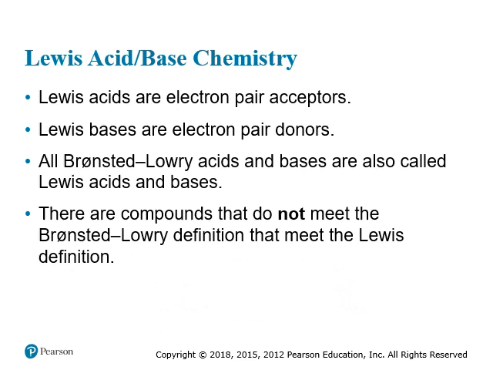Finally, we have one more description of acid-base behavior. Svante Arrhenius gave us the idea that acids would dissociate in order to form H plus, and that bases would dissociate to give us OH minus.